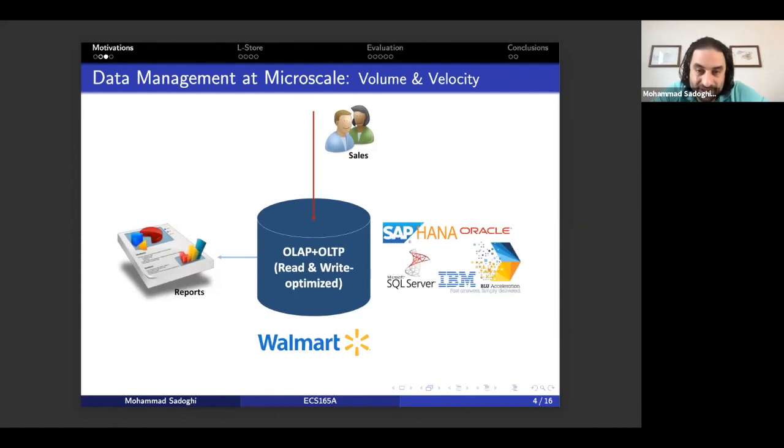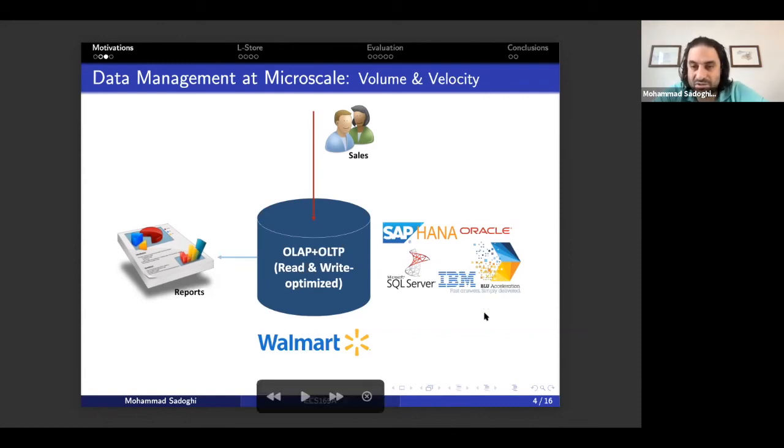So, coming back to the problem of analytics and transactions, the point is, could I unify these two? Can I have a single engine that is both write and read optimized? Starting around 2015, really around that time, this became the holy grail of databases that everybody was racing for.